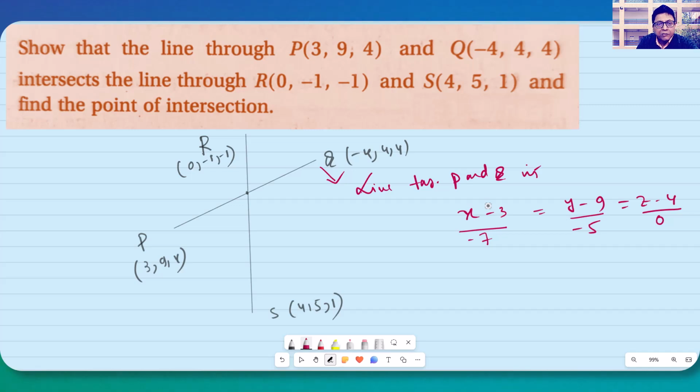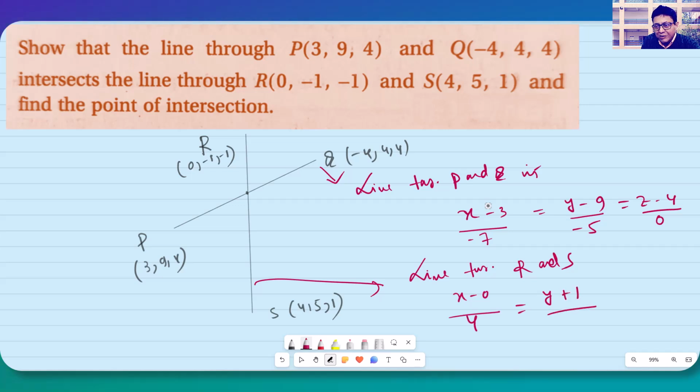Okay. Similarly, we write the line through R and S. So this will be x minus 0 by 4 minus 0, that is 4. Y plus 1 by 5 plus 1, that is 6. Z plus 1 by 2. This is line 1 and this is line 2.